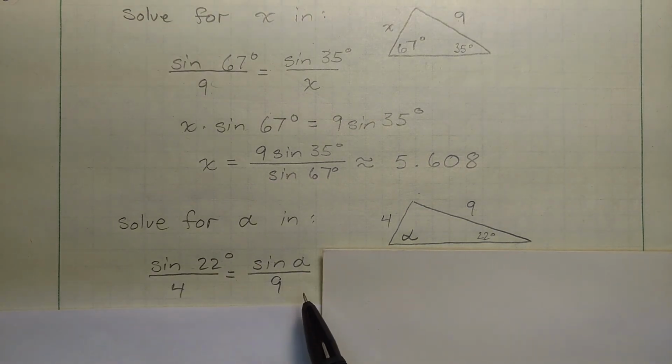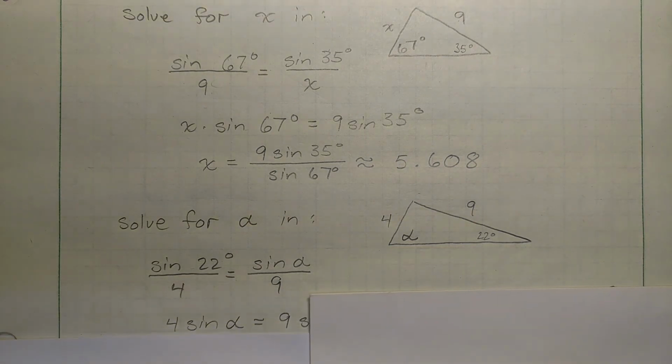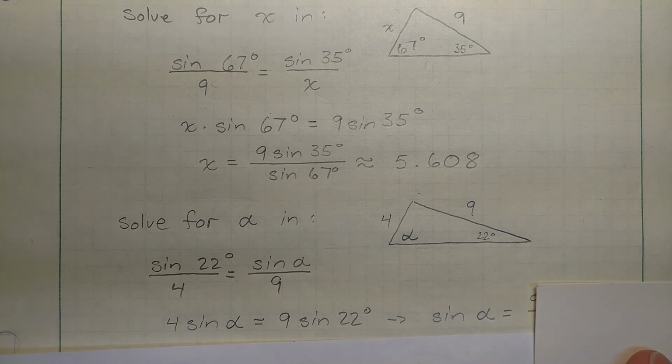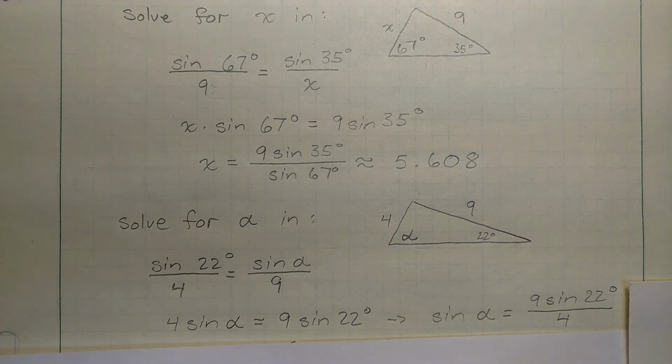Now we will just go ahead and solve for alpha. We'll do our same thing and cross multiply. I know 4 times the sine of alpha is equal to 9 times the sine of 22 degrees. Now I want to get alpha by itself, so the first thing I will do is divide by 4. So the sine of alpha is equal to 9 times the sine of 22 degrees divided by 4.